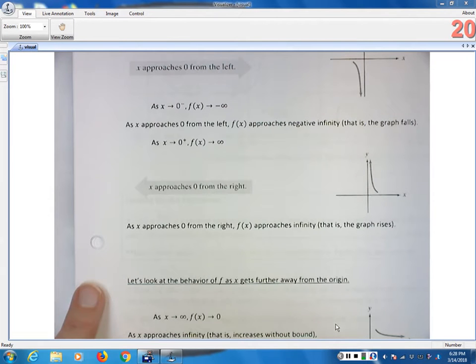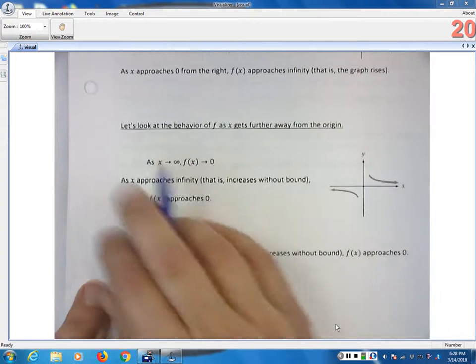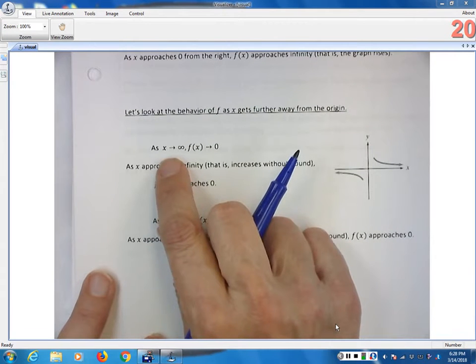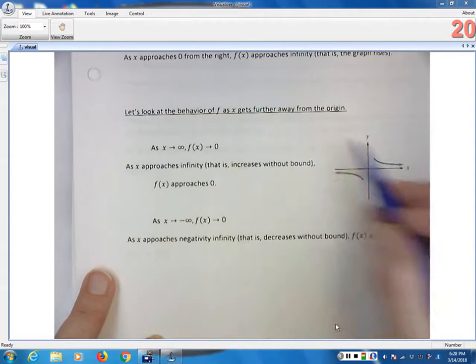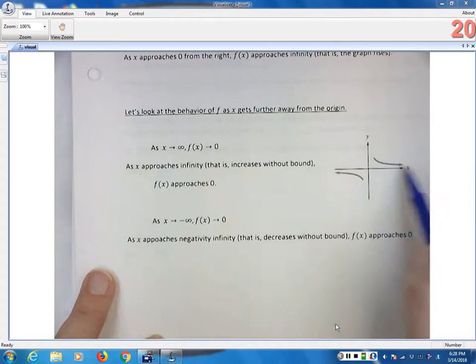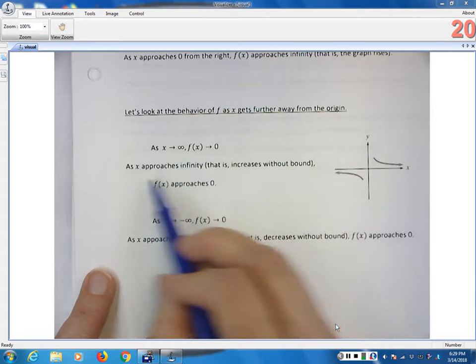And then this is just explaining this notation. You might need it later in calculus or something. But if you look at the behavior of f as x gets further from the origin, as x goes to positive infinity, our f of x is going to 0. That's how you write that.